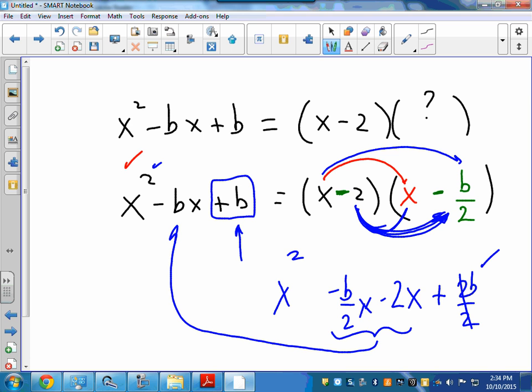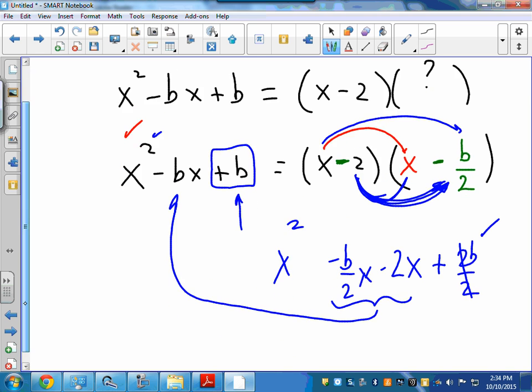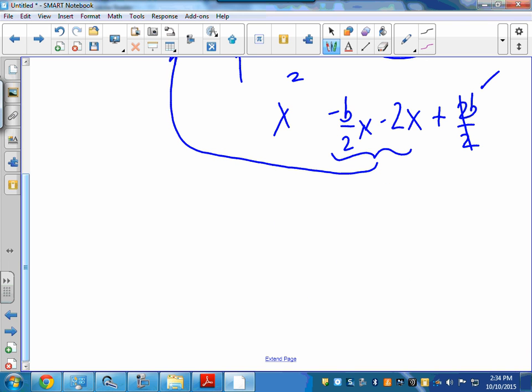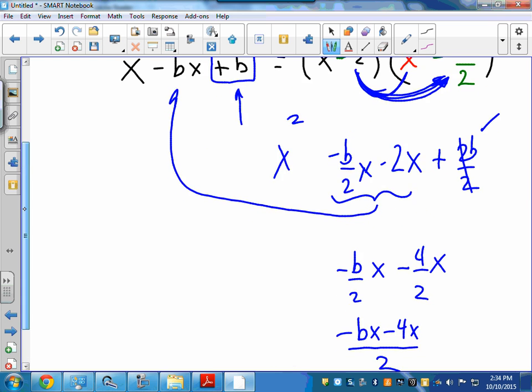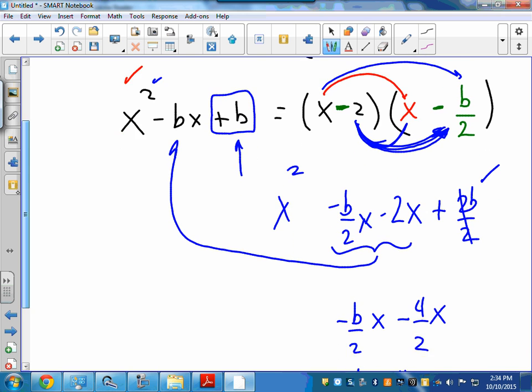And this takes a little bit of looking. Let's get a common denominator and add these up. I think you'll be pleasantly surprised. Negative b over 2 x, take away 4 over 2 x, is going to give us negative bx minus 4x over 2. And we know that b is supposed to be... what did we say b was? We don't have b yet.